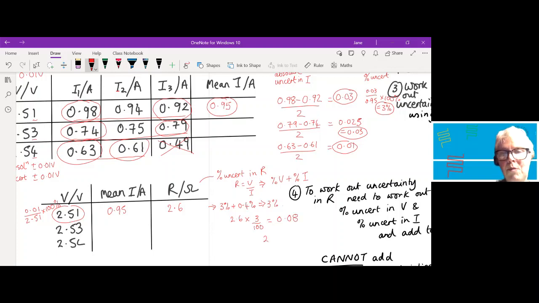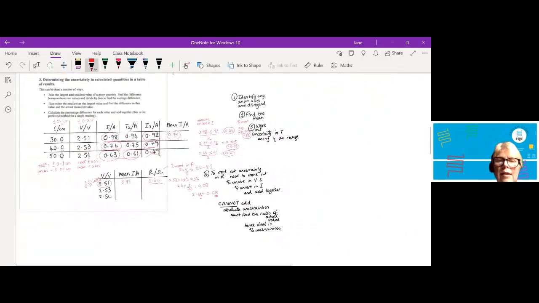So we say 2.6 plus or minus 0.08, and you can see my own undoing here. So I'm going to quote the resistance to 3 significant figures for consistency. So 2.51 divided by 0.95 equals 2.64, and that now ties in with that decimal place. Okay, but you get the idea.